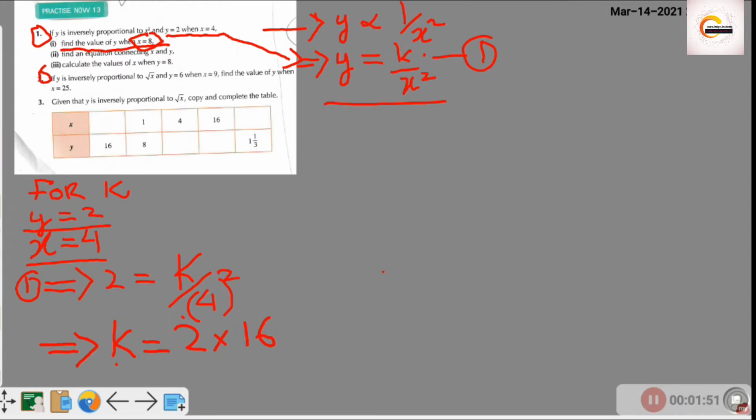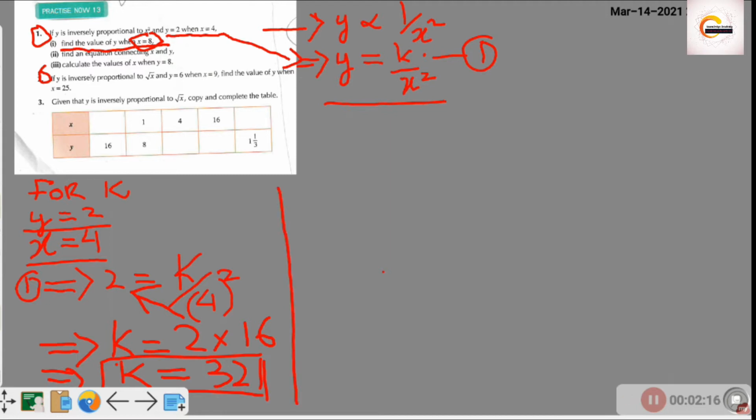After cross multiplying, k is equal to 2 multiplied by 16, 4 multiplied by 4, the square of 4 is 16. So k is equal to 2 multiplied by 16, which is 32. This is the value of k that we have calculated.